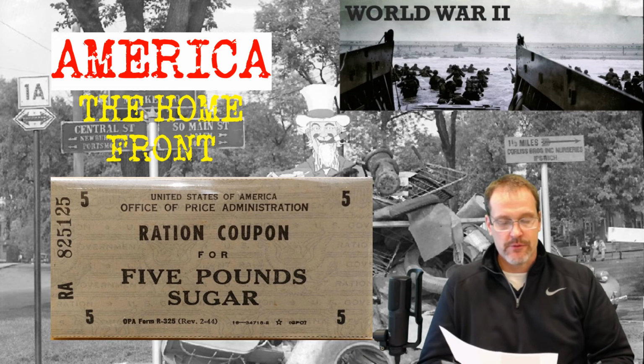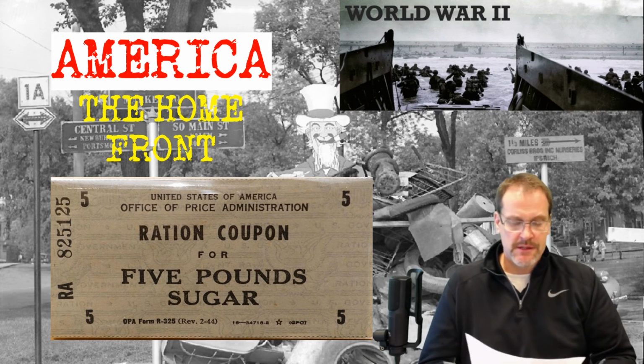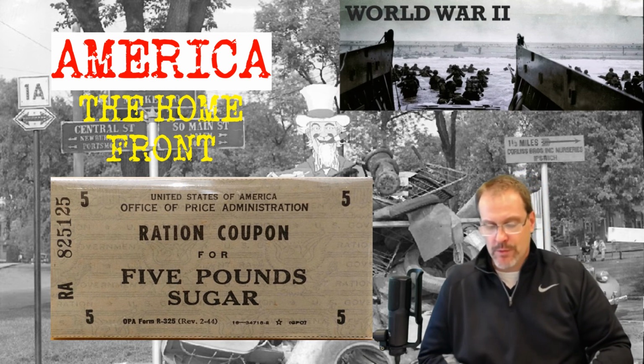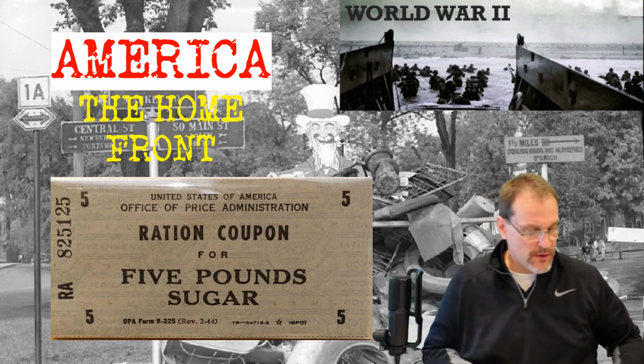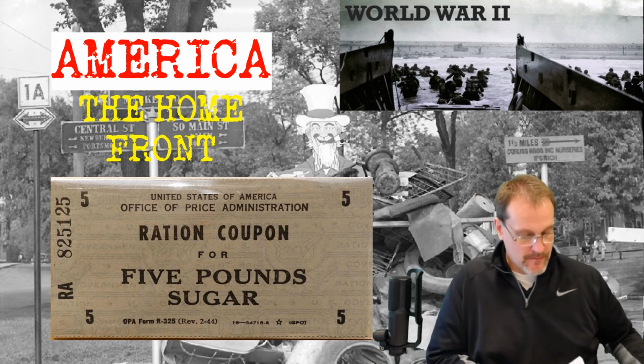Gasoline, of course, which was being sent primarily to the war fronts. Rubber used for tires and guiding wheels for tanks, and all kinds of things, hoses and things like that. And of course, steel. Steel would be one of those really important things that you just can't have war without. At least we haven't figured it out yet.